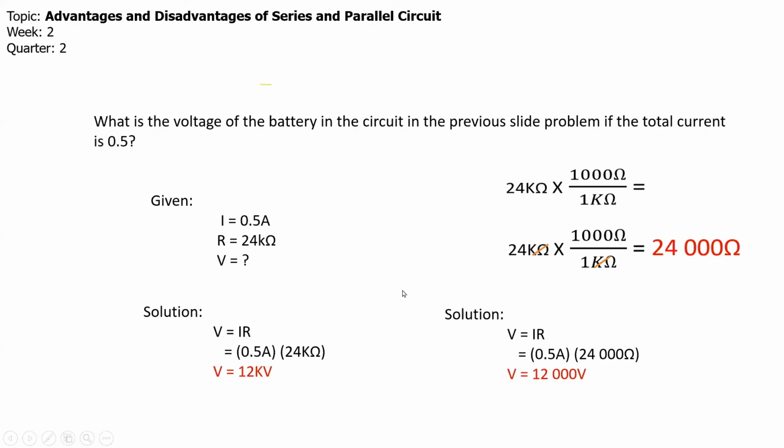So, 12 kilovolt, if we convert it into volt, we have 12,000 volt. Remember this: 1 kilo ohm is equivalent to 1,000 ohm, and 1 kilovolt is equivalent to 1,000 volt. That is the process.